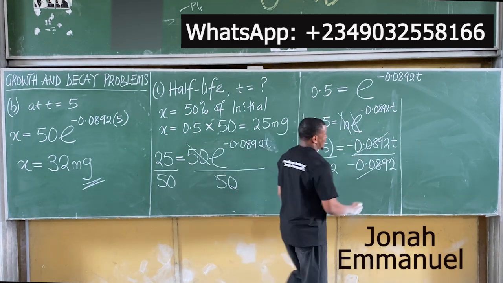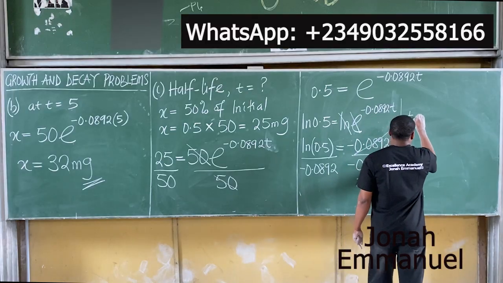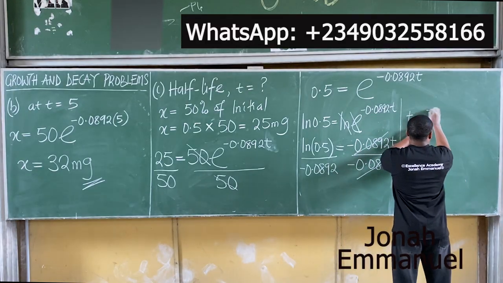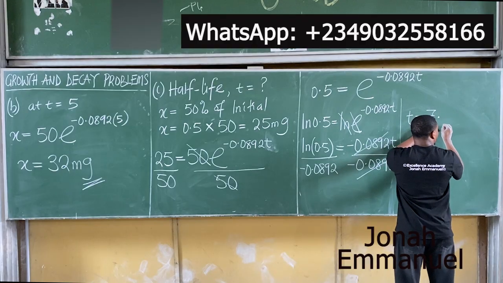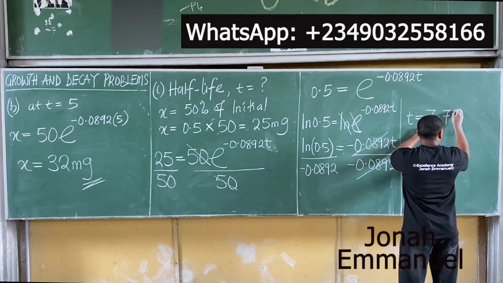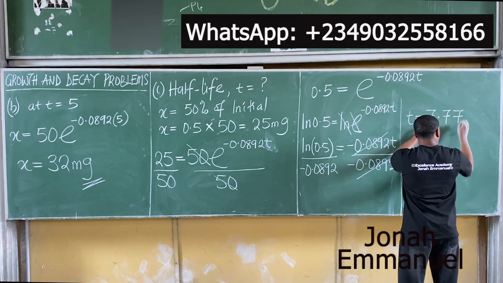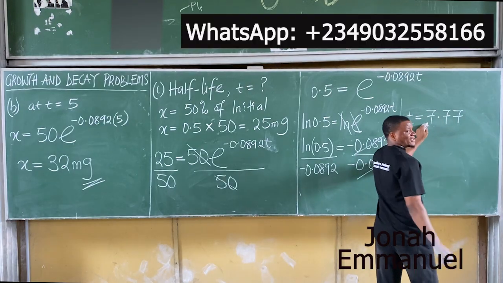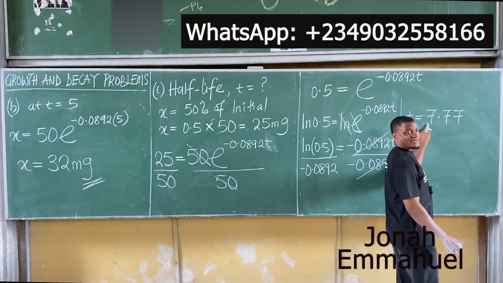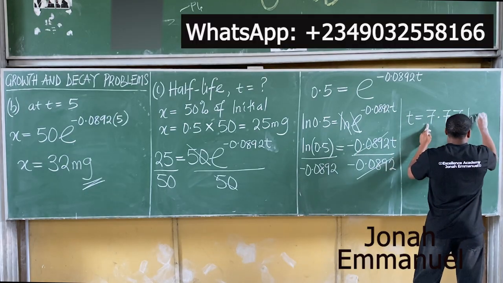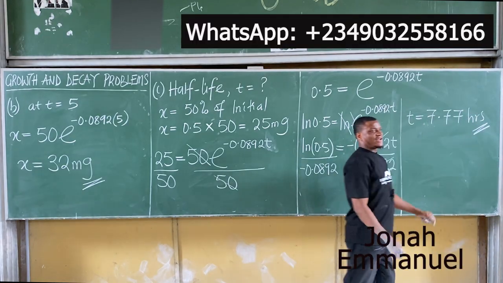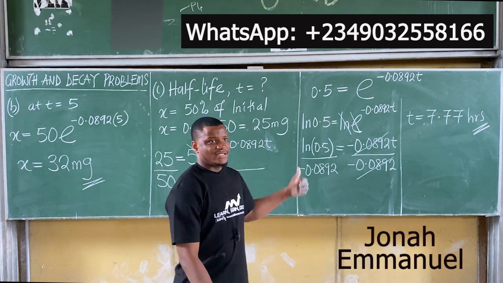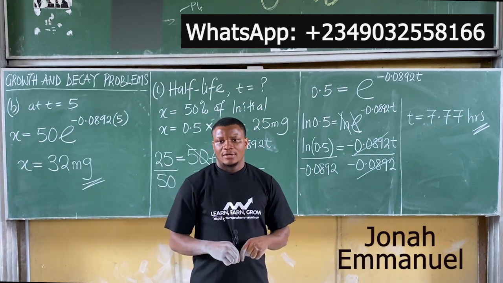So t is equal to 7.77. What? Time was in hours. So this is 7.77 hours, which is approximately 8 hours. So basically, this is how we solve this question.